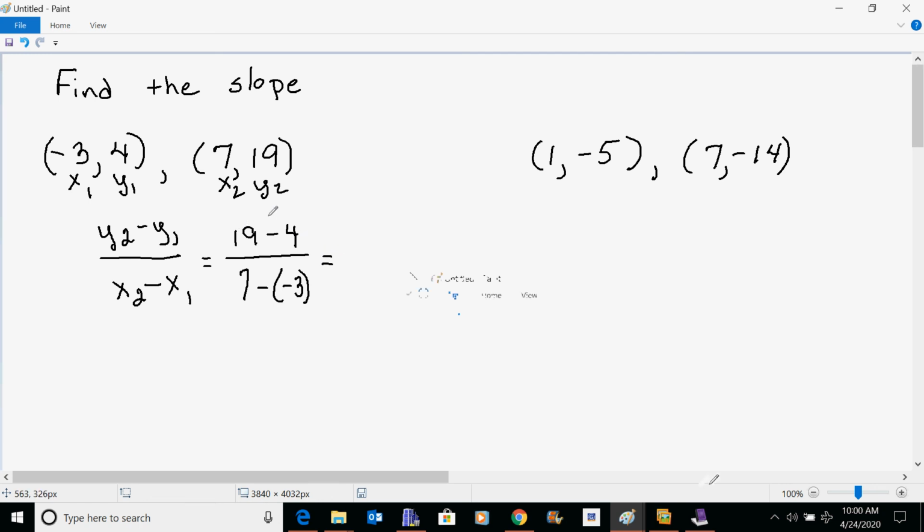Okay, 19 minus 4, we know is 15. 7 minus negative becomes a plus positive, which gives you 10. And then you want to reduce that fraction. Both are divisible by 5. So divided by 5 gives you 3. Divided by 5 gives you 2. So your slope equals 3/2.